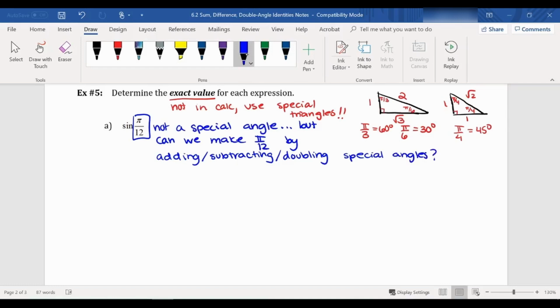Okay, so our three new identities were adding, subtracting, or doubling. Sum, difference, and double angle identities.